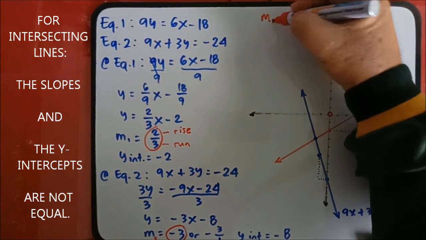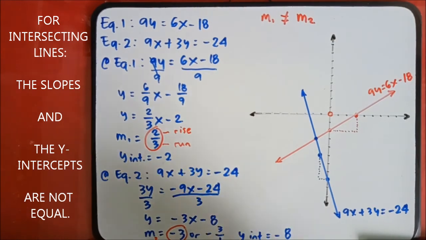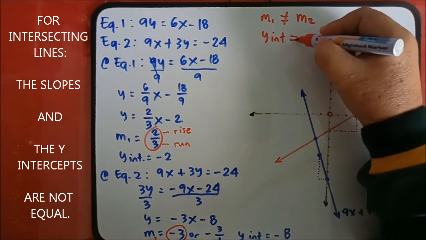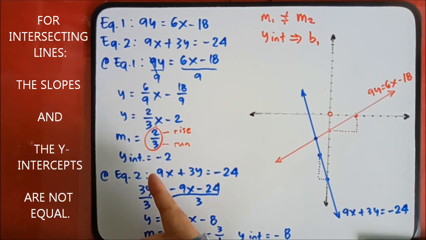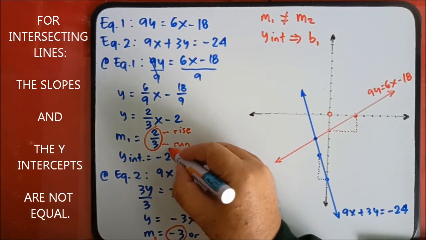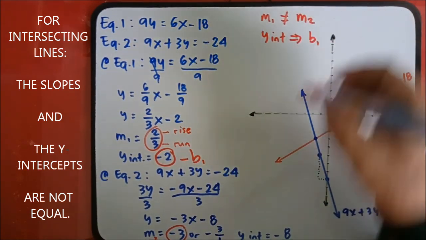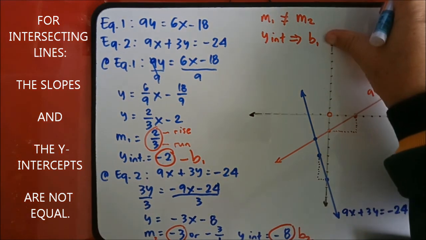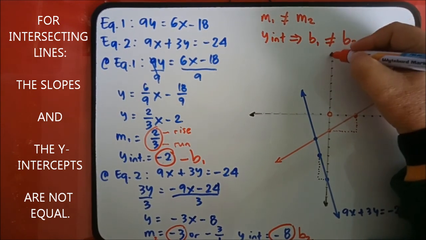M sub 1 is not equal to m sub 2. How about the y-intercept? Where is your b sub 1? -2. And b sub 2 is -8. So, they are not the same.